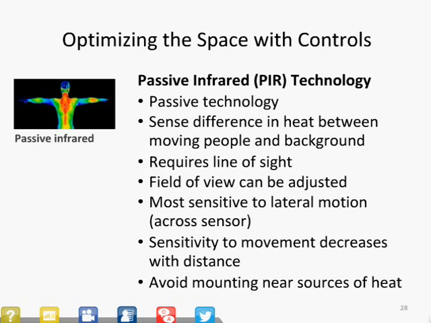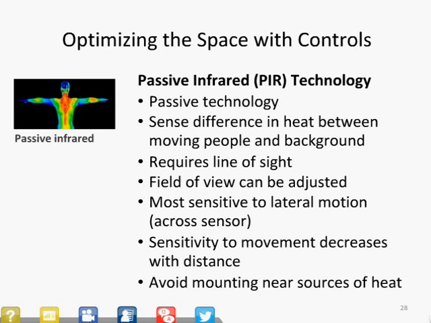On many PIR sensors, you can adjust the field of view and adjust its detection pattern. It's also important to note that PIR sensors are most sensitive to lateral motion, meaning it'll pick up someone walking across its collection beams better than it will someone who's walking either away from it or towards it. Also keep in mind that sensitivity to movement decreases with distance.